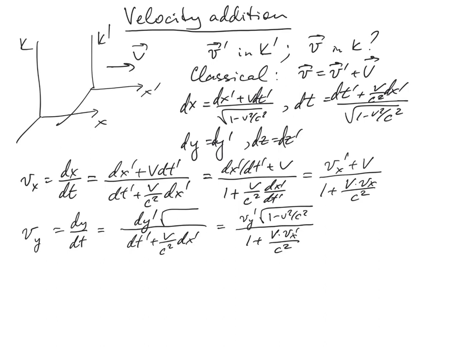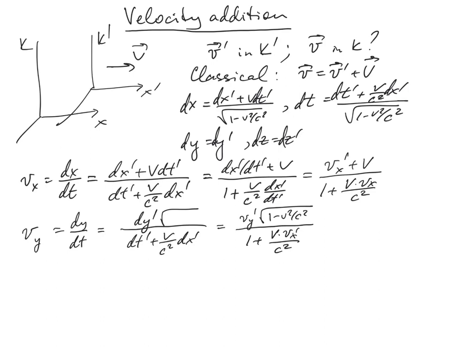Now if we look at the expressions for Vx, Vy, and Vz, we'll notice that if capital V and V prime are not parallel, meaning if V prime has Y and/or Z components, then the way V and V prime appear on the right-hand side of this expression is asymmetric.